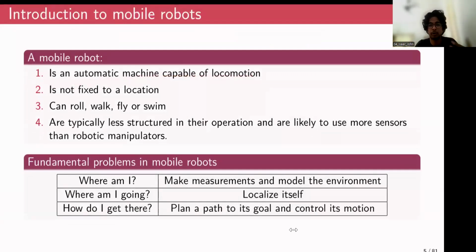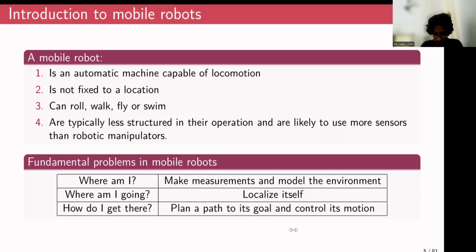Locomotion is the process by which the effect of the robot on the environment causes the motion of the robot itself. As we have seen earlier, it's not fixed to a location. It can roll, walk, fly, or swim. Any mode of movement or locomotion is possible as per the definition of a mobile robot.